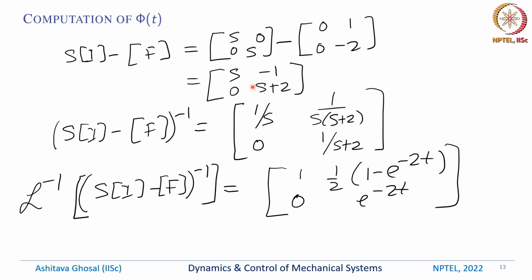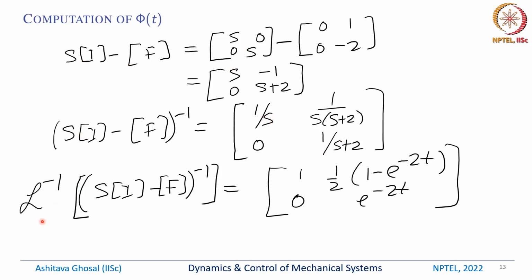In this case, it is very simple. For a 2 by 2 matrix, we can find the inverse very easily in symbolic form. These are standard methods in linear algebra. So we have the inverse of this matrix, (sI minus F) inverse, which is this.